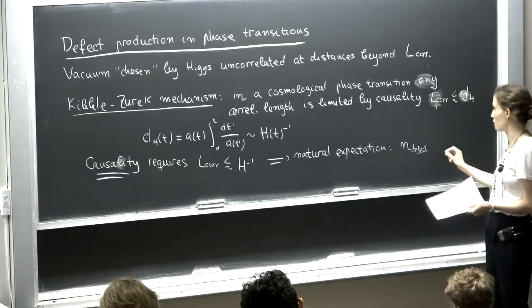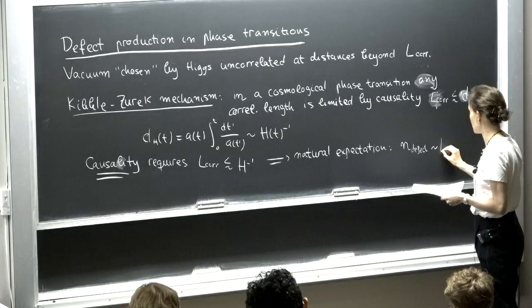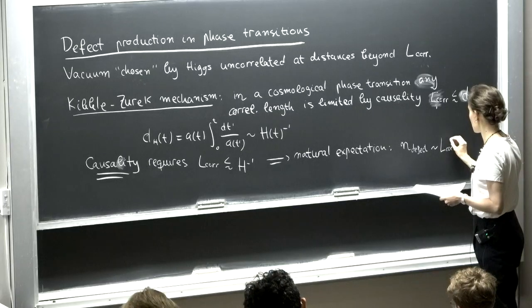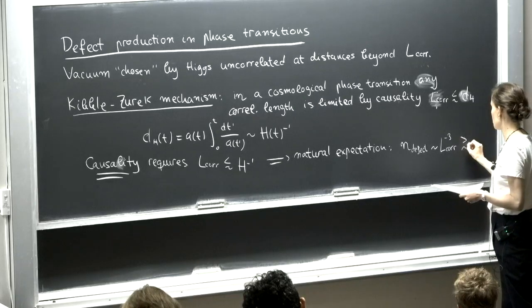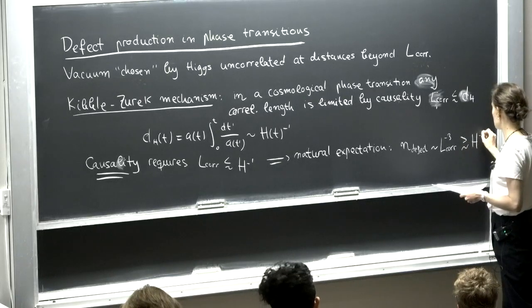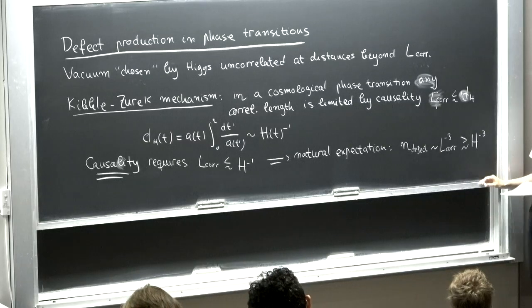Okay, so the number density of defects typically will be of order one per correlation volume, and this has to be bounded by H to the minus 3. Okay, so one per Hubble volume at the very minimum.